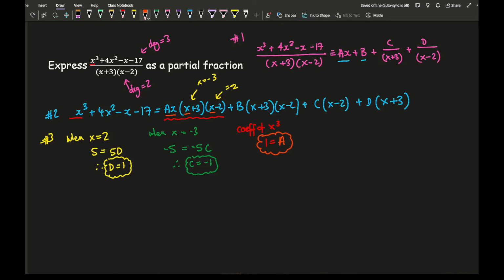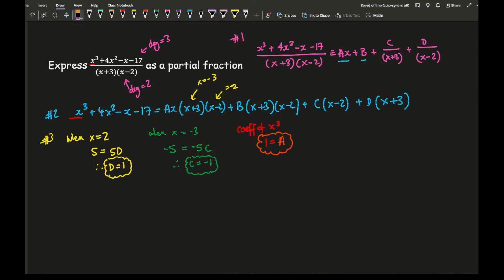Now to find the third one, you could think the most obvious way is trying to find the coefficient of x squared, or just x rather. But that's going to be very time consuming, because you're going to end up with coefficients of x in all four of those expansions.